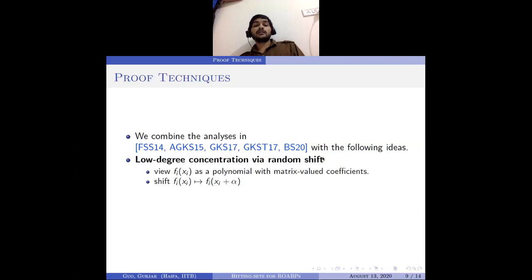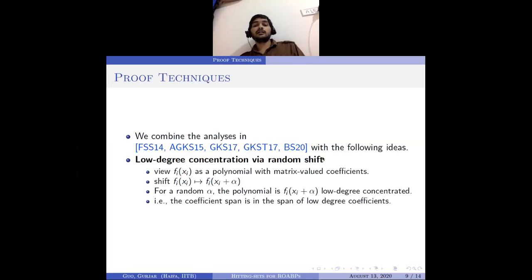Then low degree concentration we want to achieve via random shift. So we will replace each x_i by x_i plus alpha for a random number alpha. And the property we want after this change is that F_i of x_i plus alpha is now low degree concentrated, meaning all its coefficients should be in the span of low degree monomial coefficients.